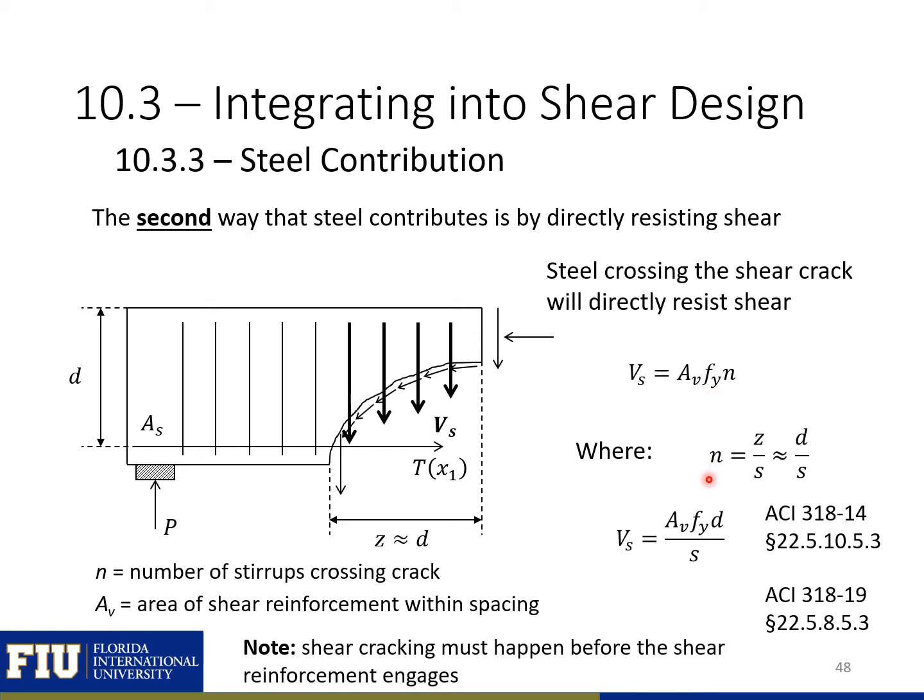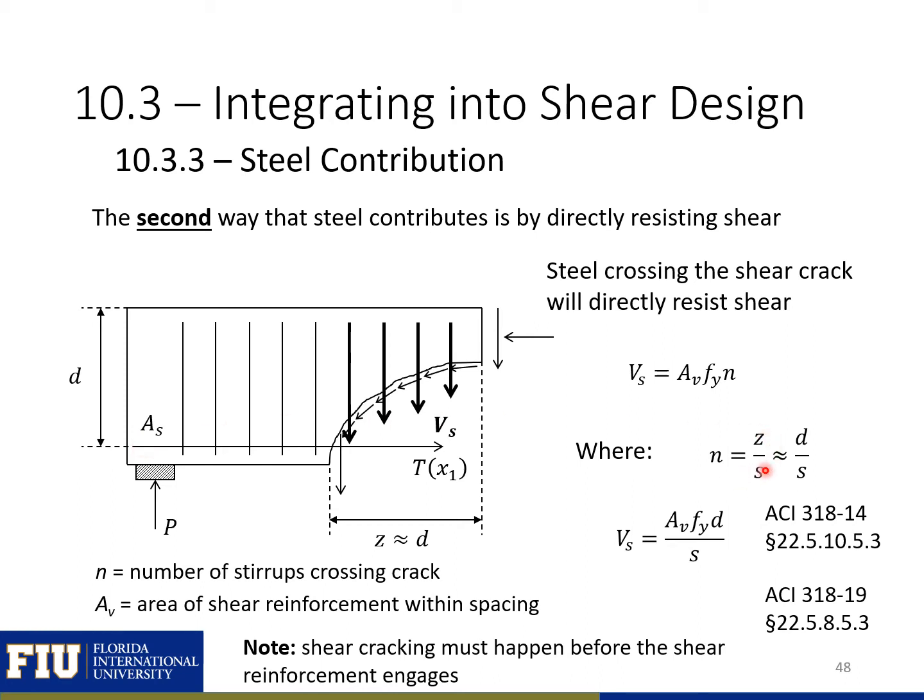We can approximate N equal to Z, the length of the crack, divided by S, our stirrup spacing. And with ACI, we assume that we have a 45-degree crack. So we approximate Z about equal to d, the depth of our tension steel from our compression face to the centroid of the tension steel.